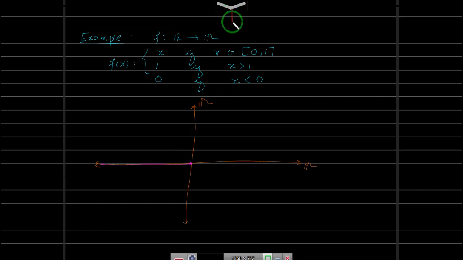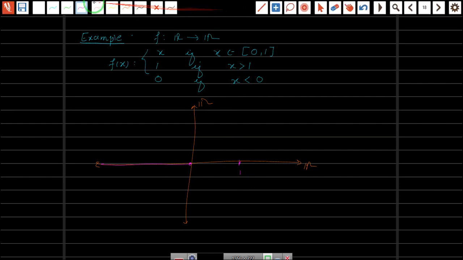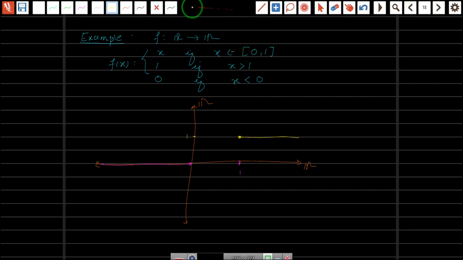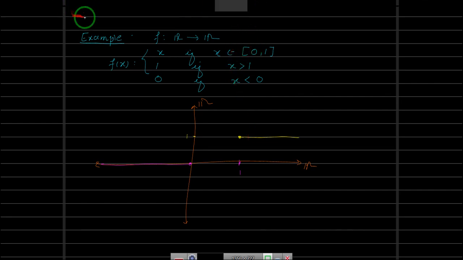If x is greater than 1, let us assume that 1 is here, then the function equals 1. Sorry, 1 is not included, it's open, and this will go to infinity. But if x is between 0 and 1, the function is equal to x, that is y equals x, a straight line which joins the origin and this point. Okay, this is how we draw the diagram of this function.